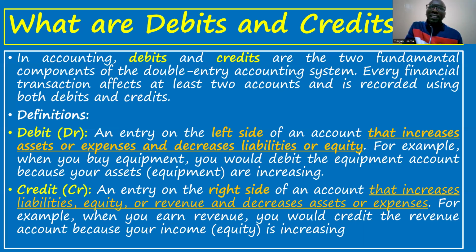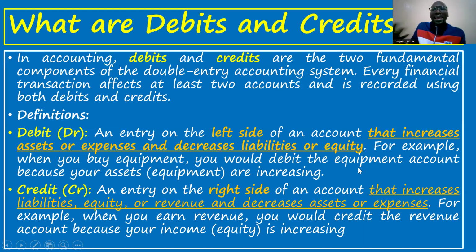You'll understand this. We have some examples, so you'll understand the meaning of this: that the debit increases the assets or expenses and decreases liabilities or equity. For example, when you buy equipment, you will debit the equipment account because your asset equipment is increasing.